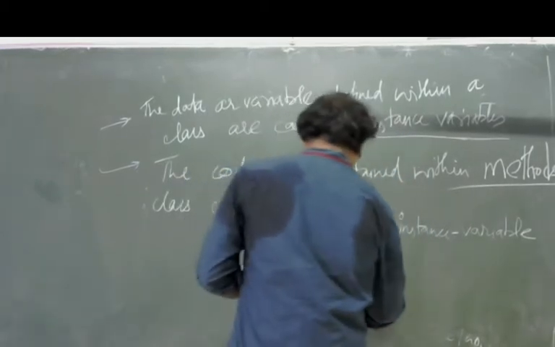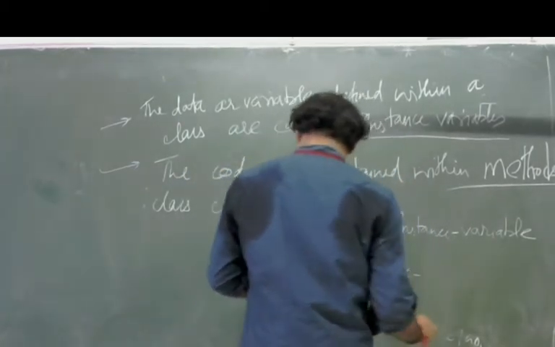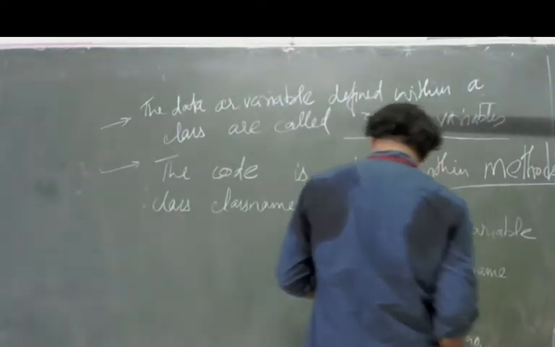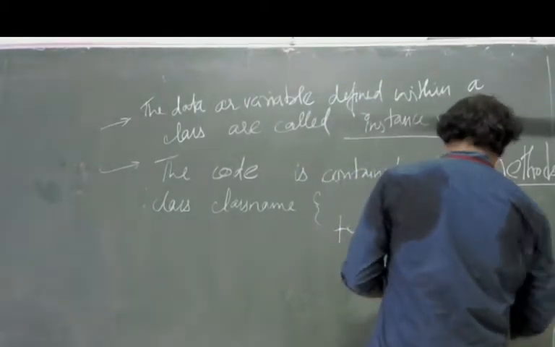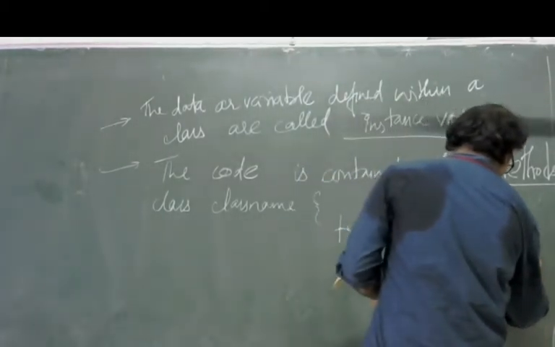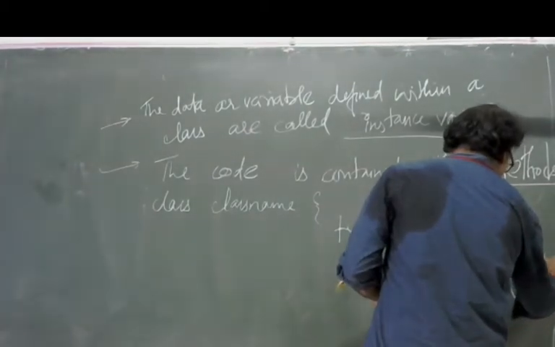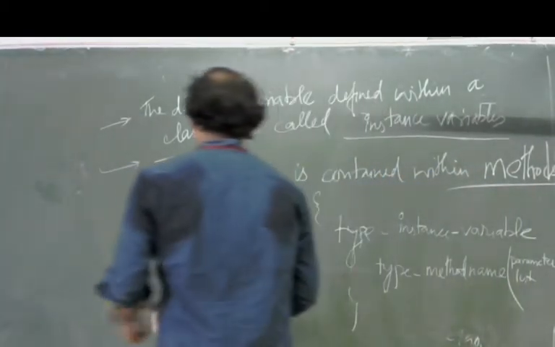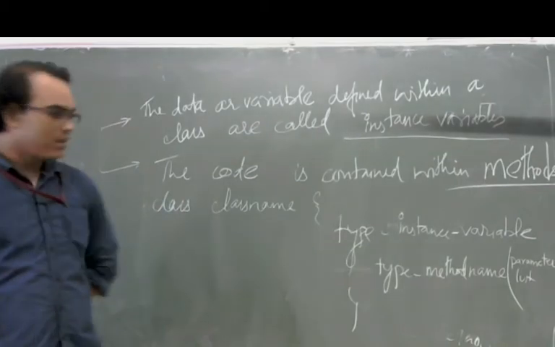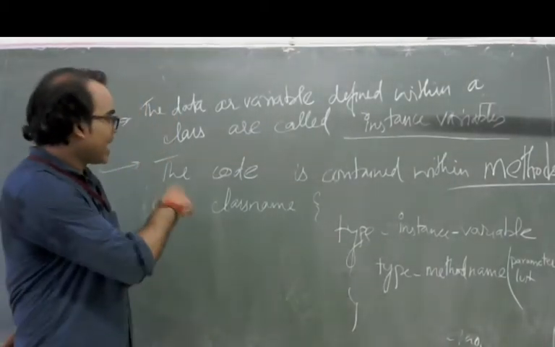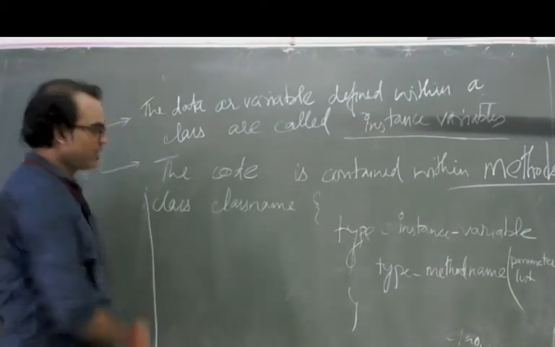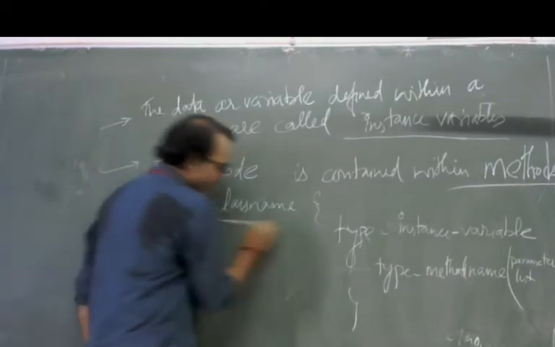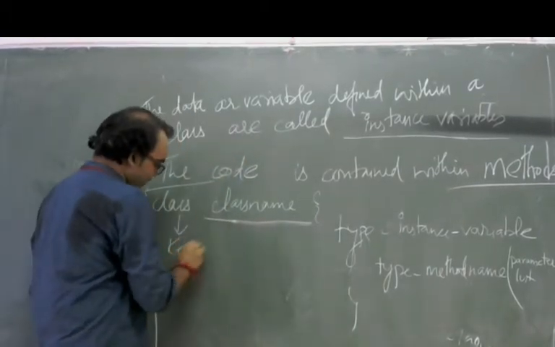Then we will write type, method name, and within that method name we have our parameter list. And then we close this. So actually this class format is like this. We initialize this class by the class keyword.